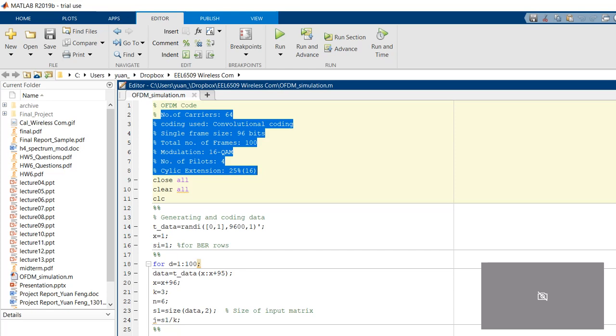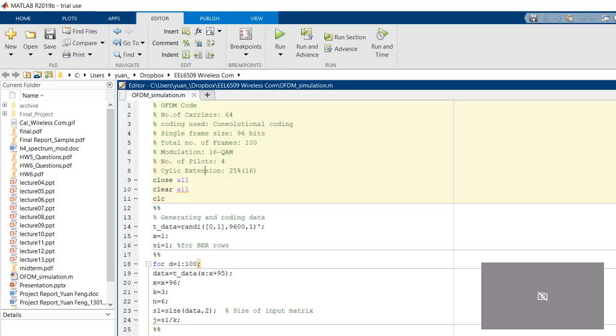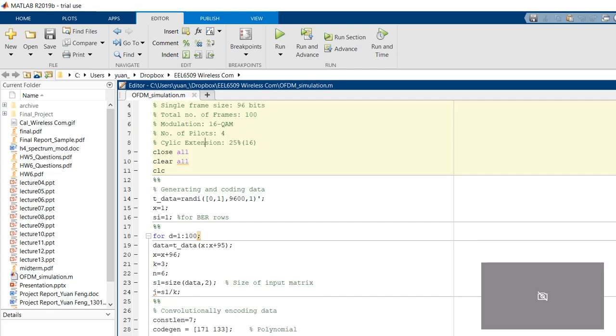The modulation type I use here is 16-QAM. And also I determined the number of pilots and cyclic extension, and you can see here.